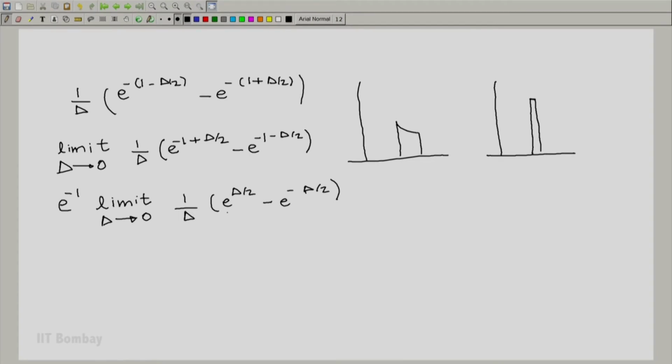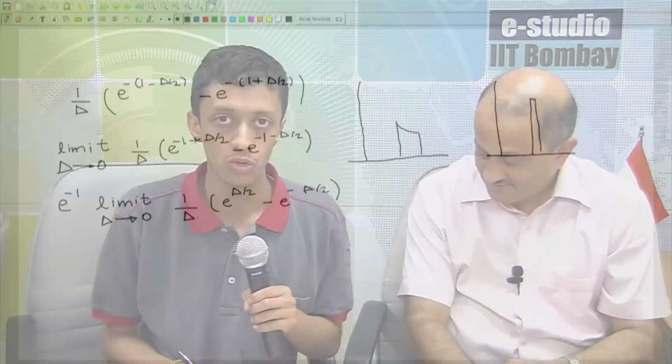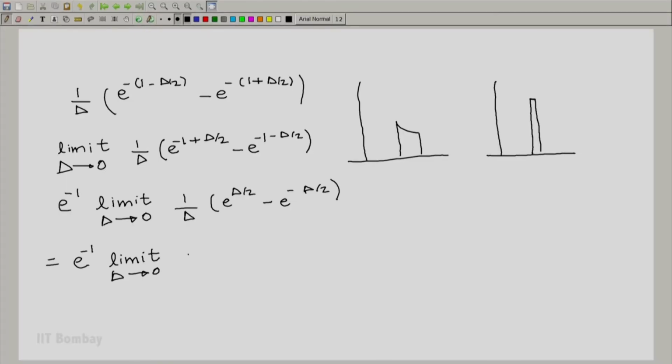Very good. Now you can tell them how you calculate this limit. So it is of the form 0 by 0 if we directly substitute delta equal to 0. So maybe you can use L'Hopital's rule and take the derivative on both sides. That's right. And the limit won't change. So it will be, and now we can directly substitute delta equal to 0. Very good.